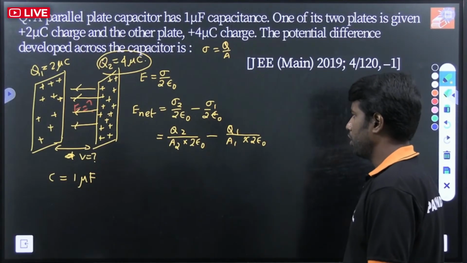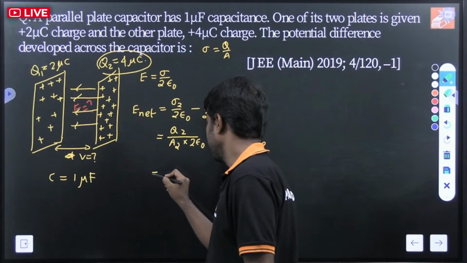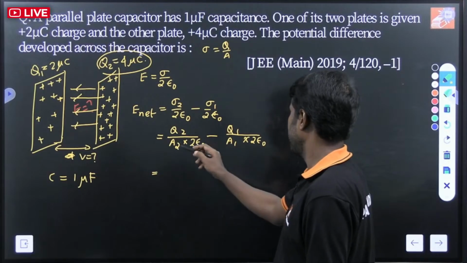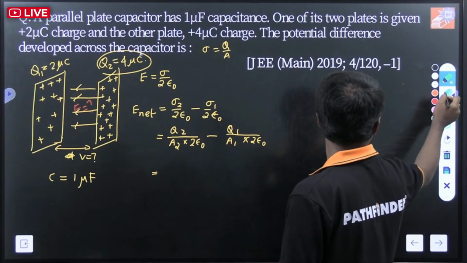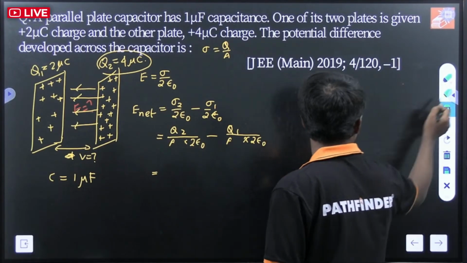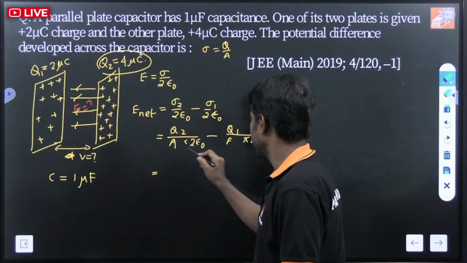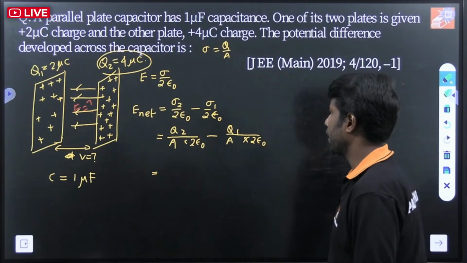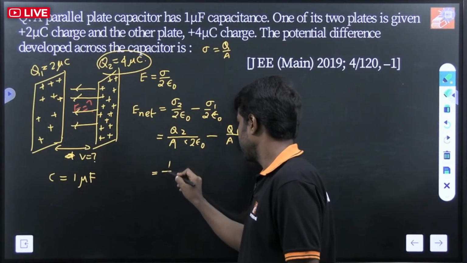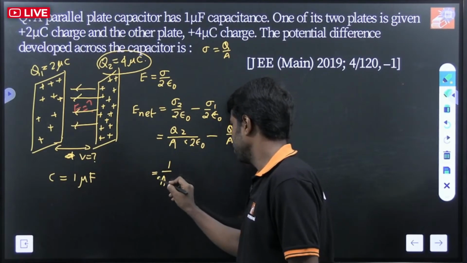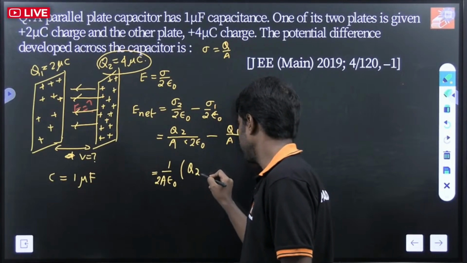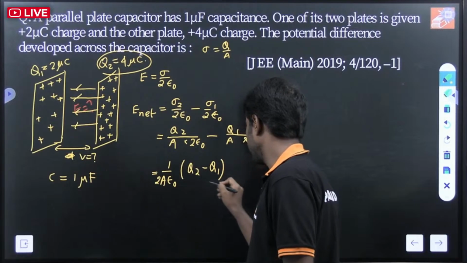Finally we take the common part. A1 and A2 are equal, so let's take it as A. The common part is 1 by A into 2 epsilon naught, and finally Q2 minus Q1.